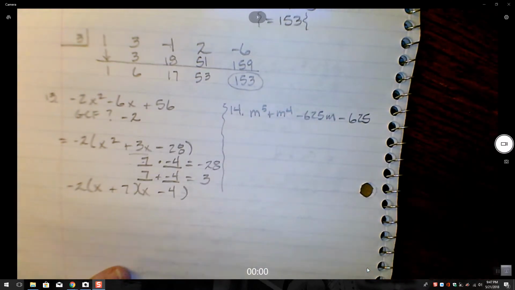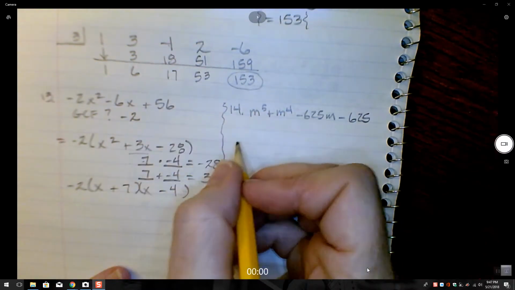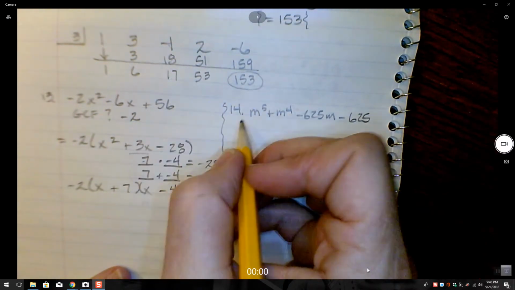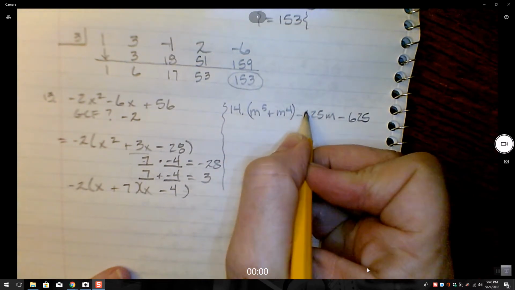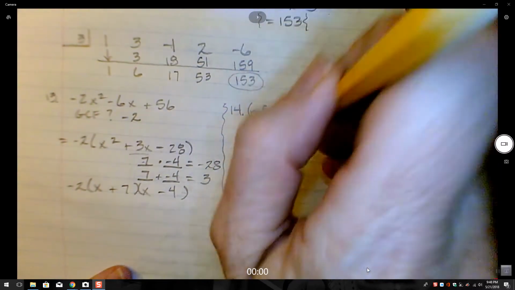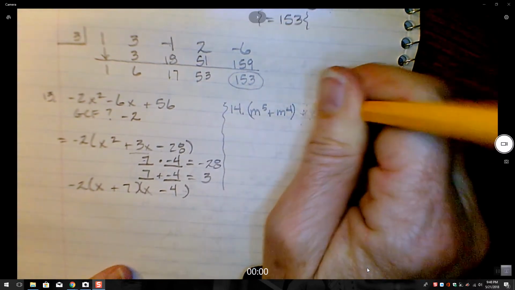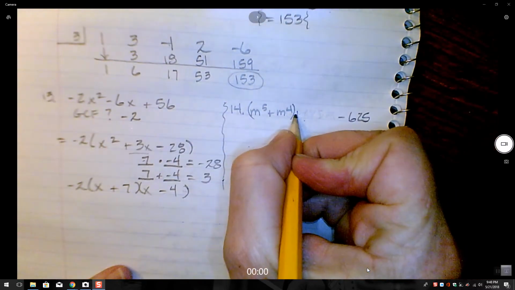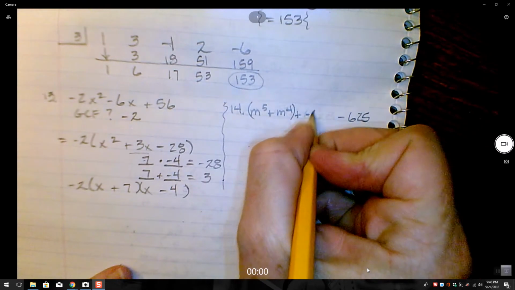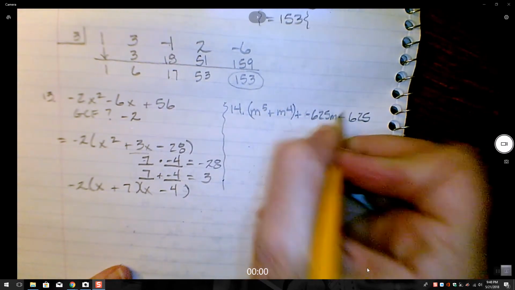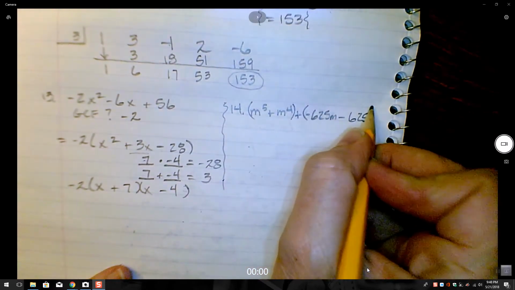It's 4 terms, so it's not a quadratic exactly yet. I'm going to group it. Personally I'm going to rewrite that a little bit because I like this to be a plus a negative 625m. That just helps me think about it better.